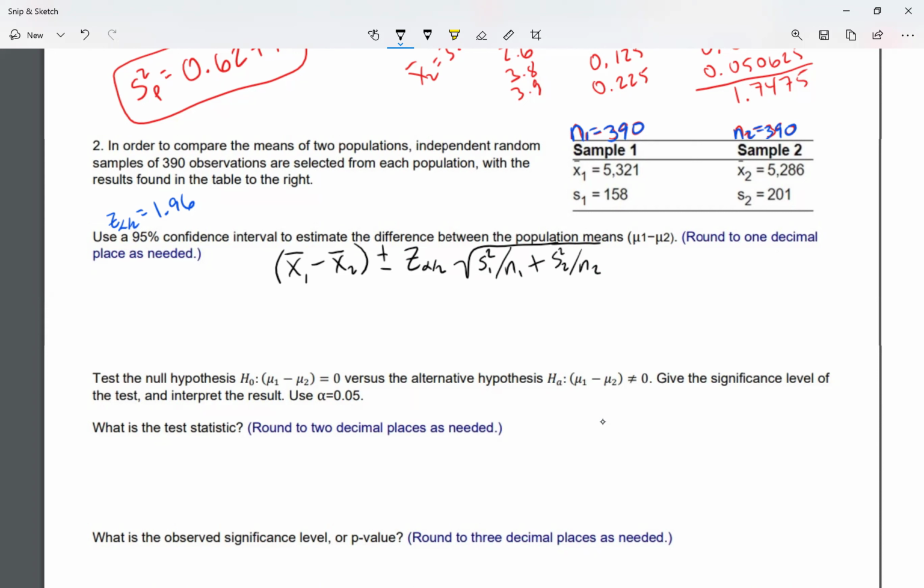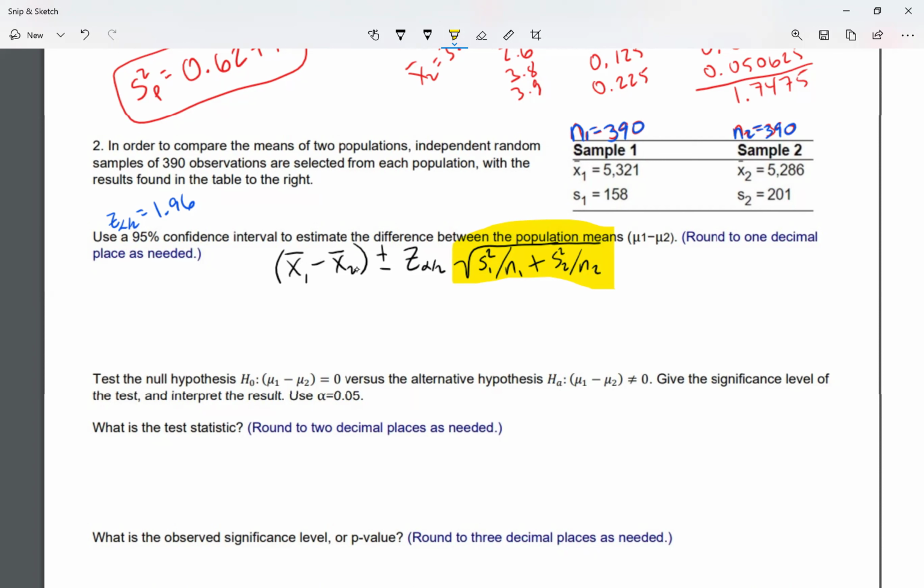Okay, make sure you guys know how to type this into your calculator. So I'm thinking the first part, well, let me highlight the hard part. That's going to be the hard part. Everything else here is not too bad, right? You guys can easily do x1 minus x2, right? The average of x1 minus the average of x2.